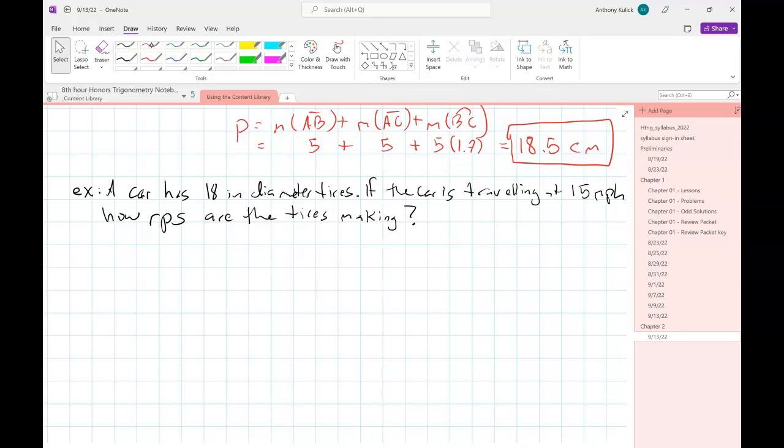What would you say? How many revolutions per second? RPS? Sure. I guess I forgot many in there, huh?